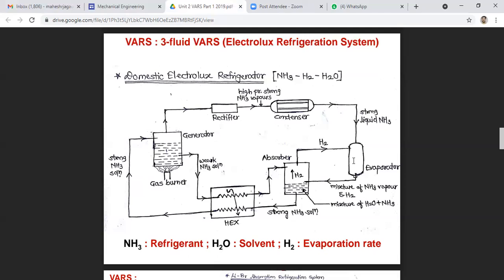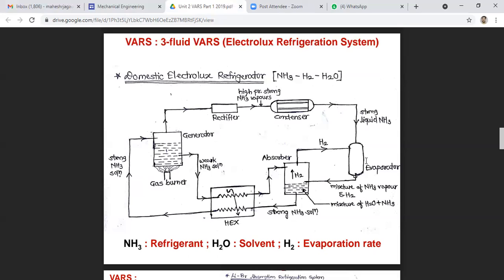The hydrogen gas fed to the evaporator permits the liquid ammonia to evaporate at low pressure and temperature according to Dalton's principle. During evaporation, the ammonia absorbs the latent heat from the refrigerated space.